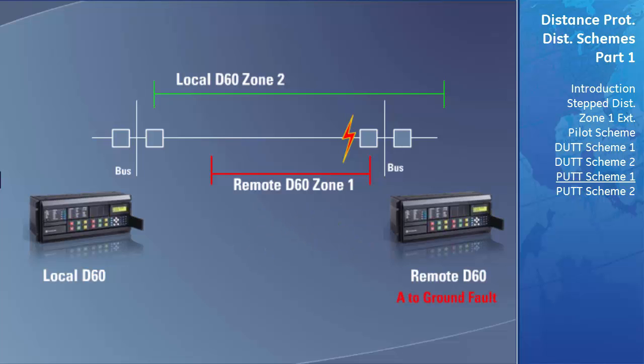Just like in the DUTT scheme, in conjunction with the phase selector feature, the PUTT scheme can determine which phases of the transmission line are faulted. Therefore, the D60 has the ability, through the communication key signals, to let the local D60 know which phases are actually faulted. If the breakers used on the transmission line have the ability to control each phase individually, the D60 can trigger the breaker to open only the one faulted phase.